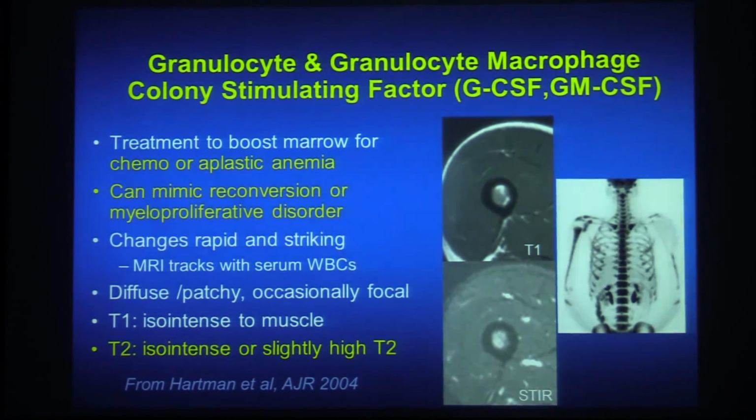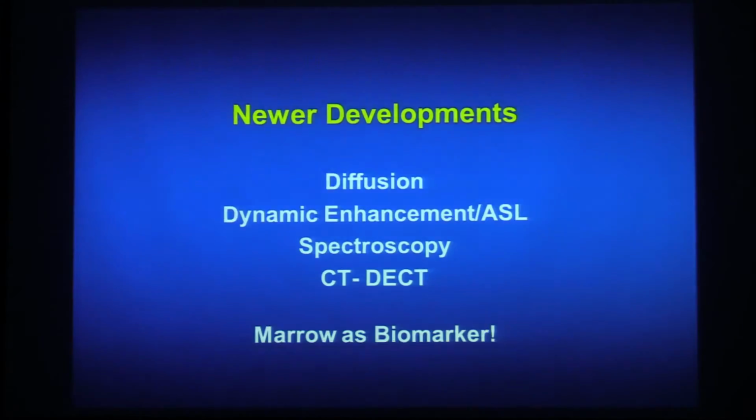And these changes can be rapid and can be striking, and what you think is either reconverted marrow or even tumor extension is really a response to the treatment that they're getting to boost their marrow.